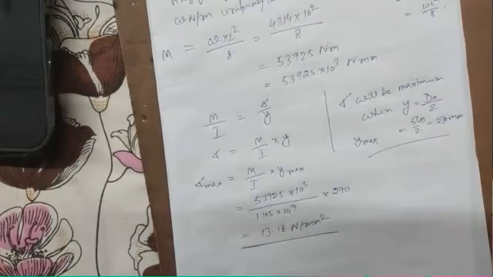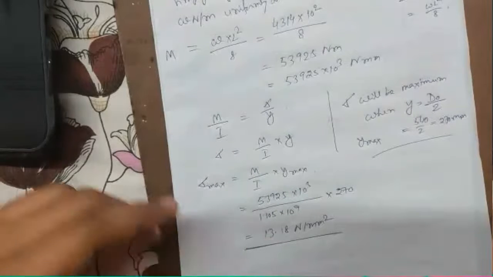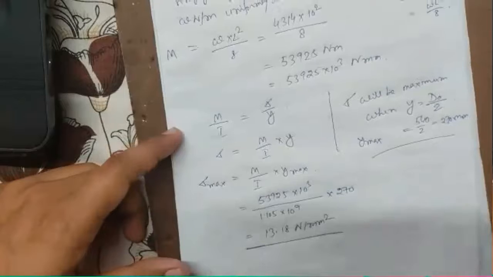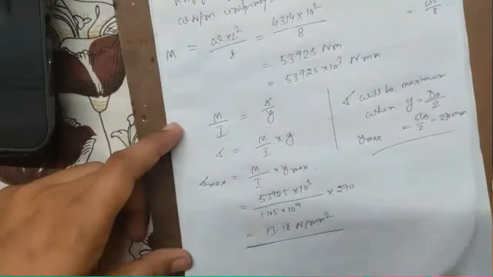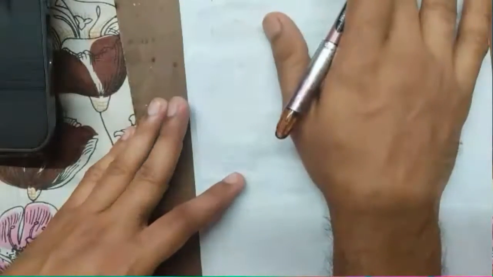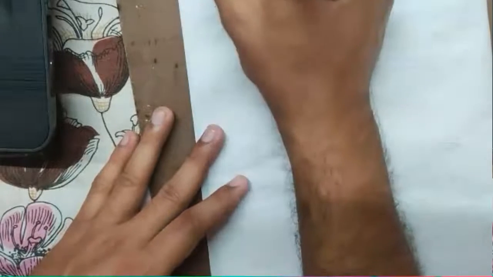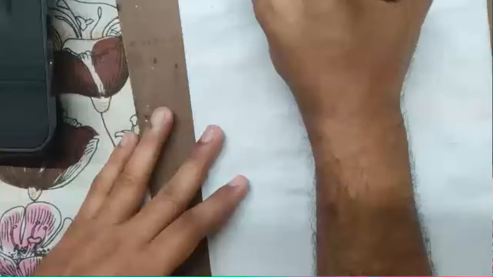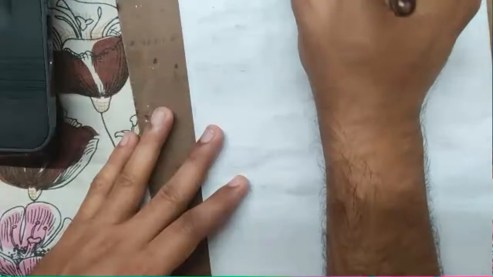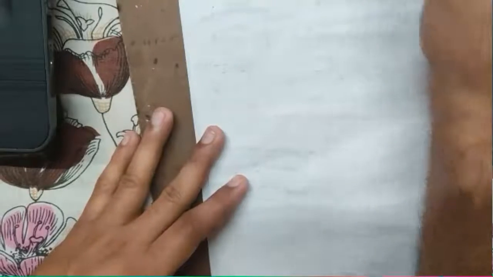Now the previous problem and this problem both have similar, symmetrical cross sections. Now we will solve another problem on unsymmetrical cross section. So let us have a problem. We can write bending stress in unsymmetrical section.